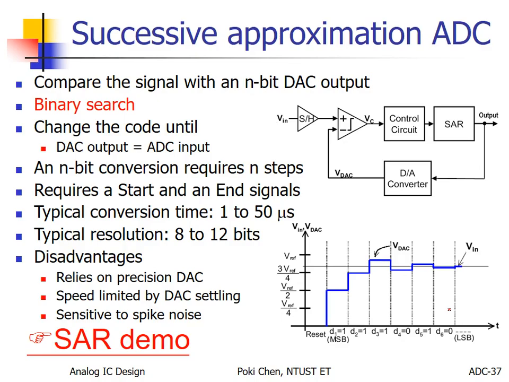So, for current design, I told you already, there are two major mainstreams: SAR or pipeline. Allow me to show you SAR operation first. Again, it is not hard to understand.